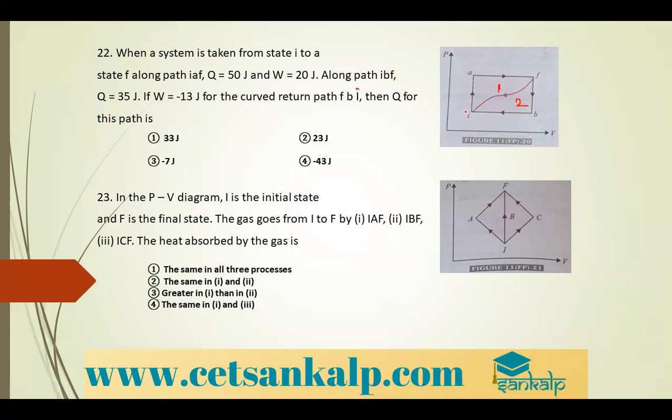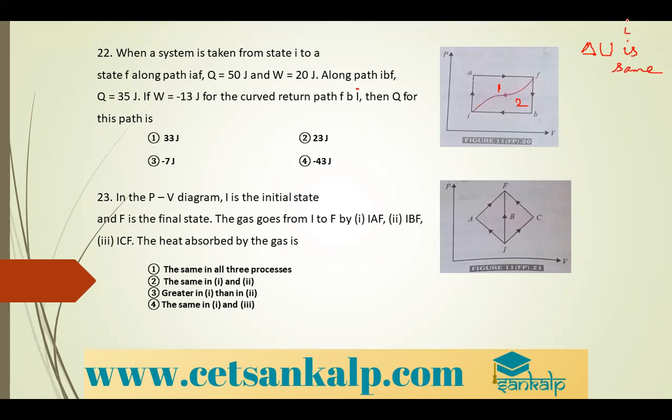Okay, as you know, internal energy is state dependent only. Between the two given states I and F, whatever is there at this particular point, this delta U will be the same, right?